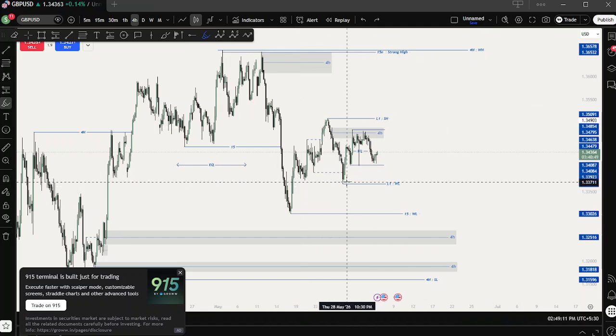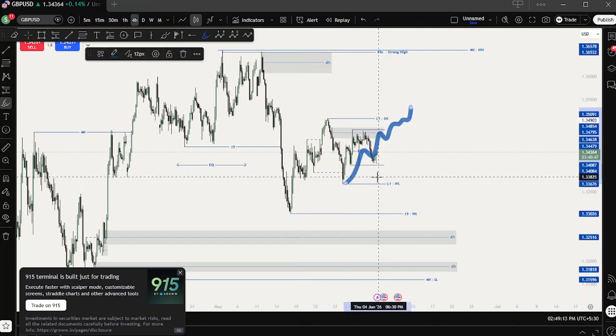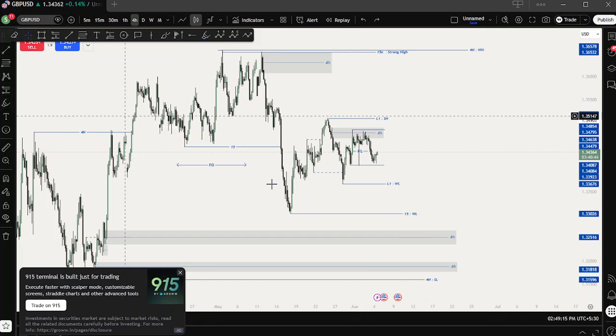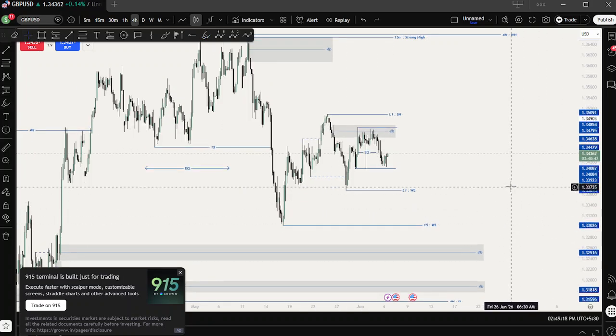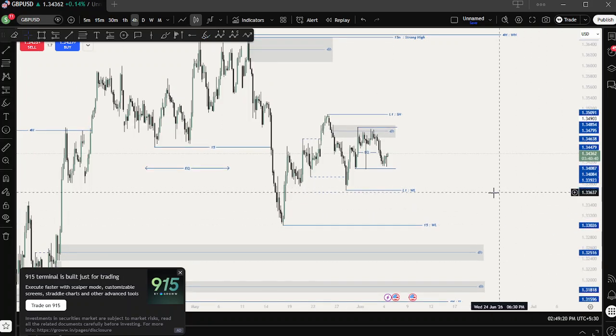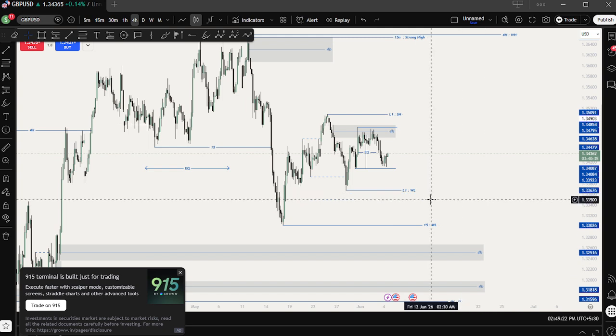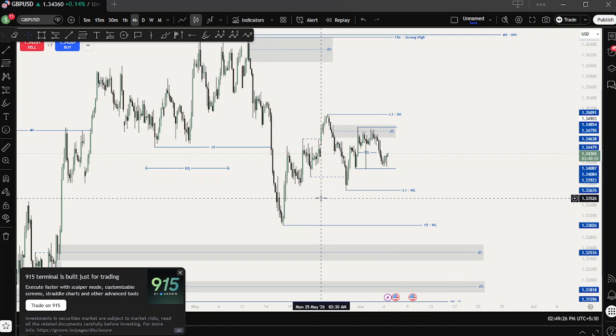In simple terms, I want a complex structure to form at this moment for me to agree with the continuation of the 4-hour structure.